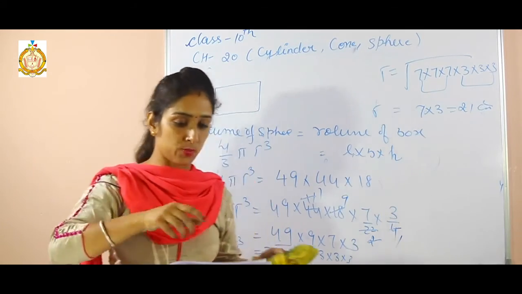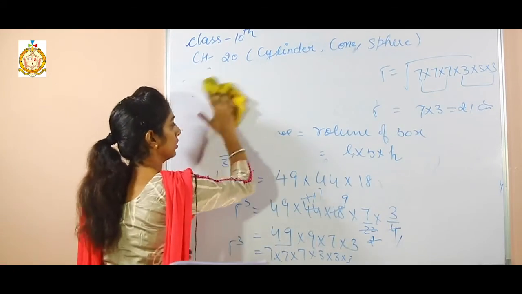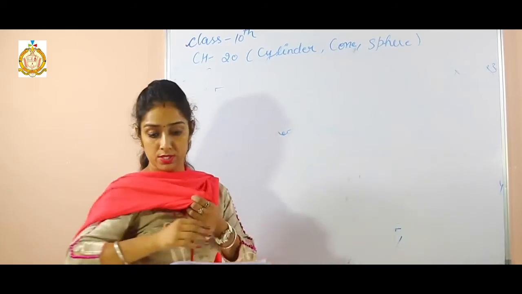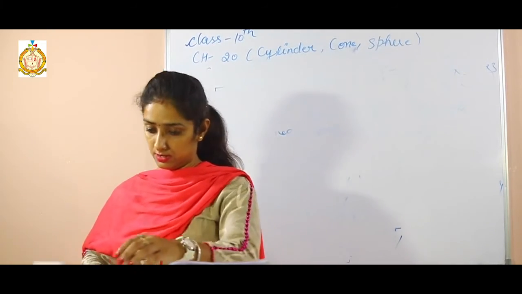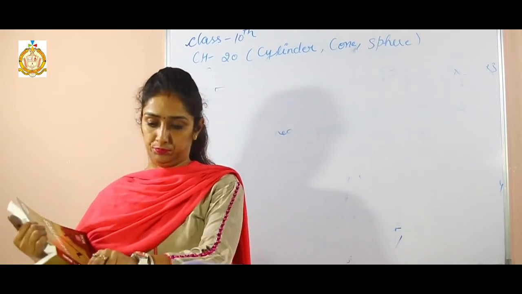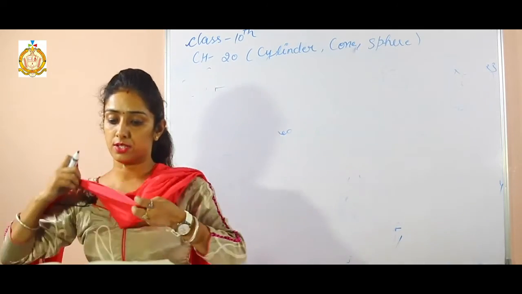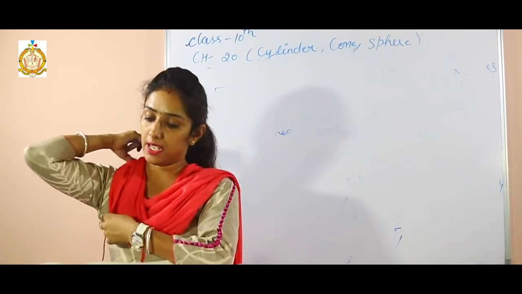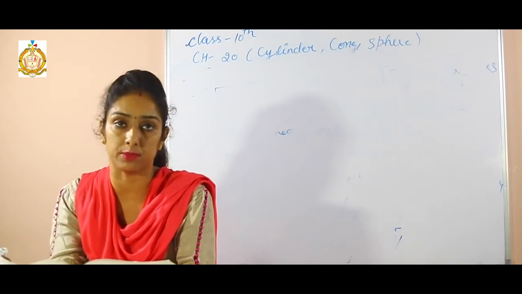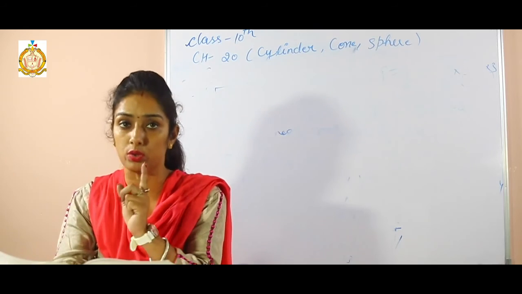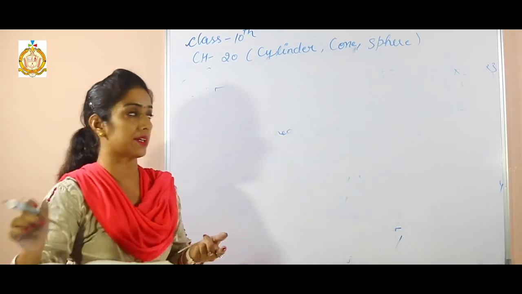Now the next part is combination of solids. See students, a cone of height 15 centimeter and diameter 7 centimeter.